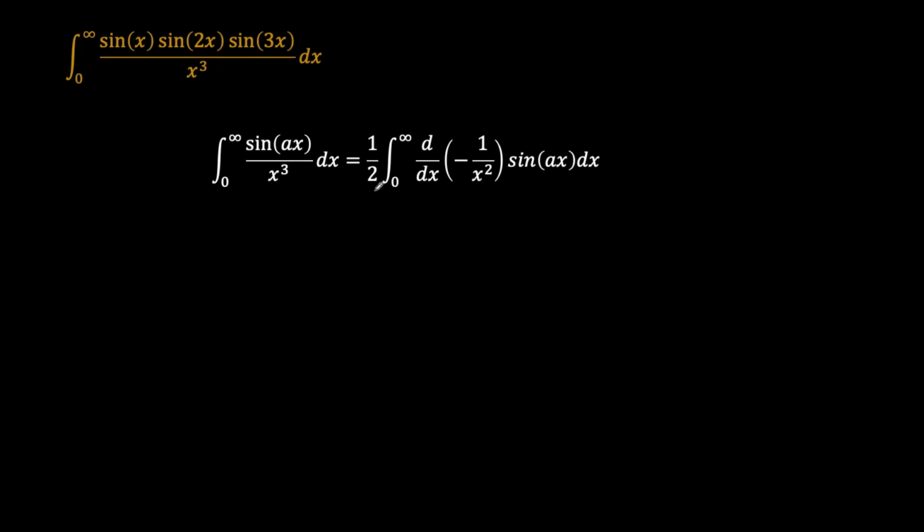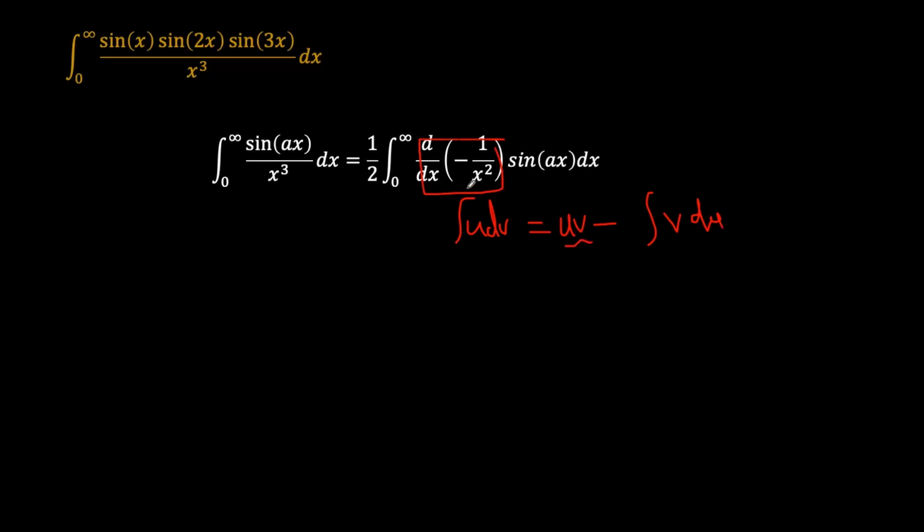Now using integration by parts, where we say if you have u dv as your problem, the integration of that is the same as uv minus the integral of v du. Now for this problem, we'll say that maybe our dv is this initial derivative and our u is sine x.